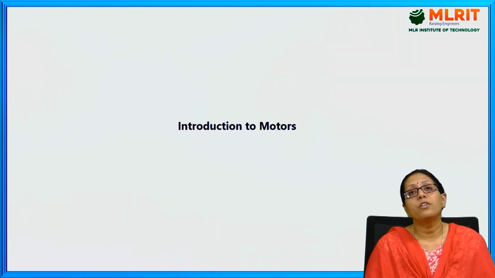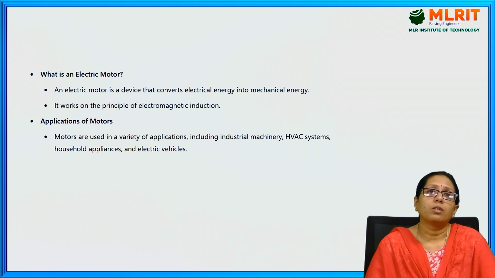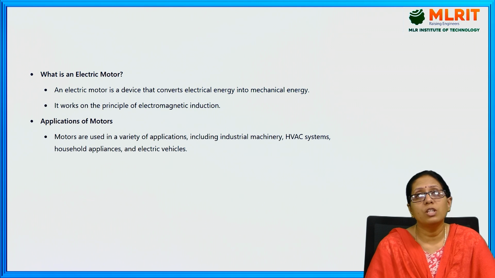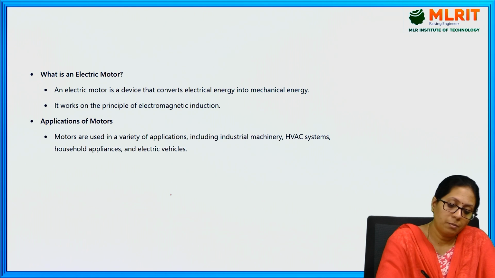First one is introduction to the motors. What is an electric motor? An electric motor is a device which converts electrical energy to mechanical energy. That means the input is electrical and output is mechanical.